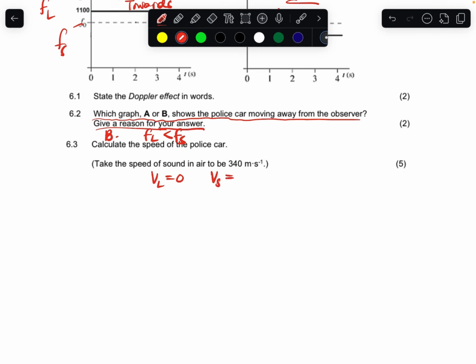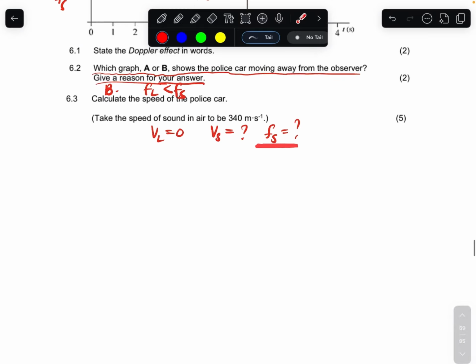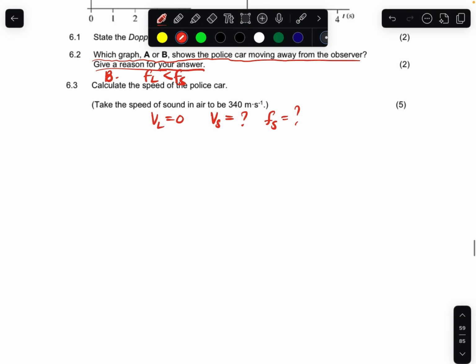They want the speed of the source, and we do not have the frequency of the source. So now you have two unknowns: the speed of the source and the frequency. We were just told the frequency of the listener in those two cases. So this will be a simultaneous equation.